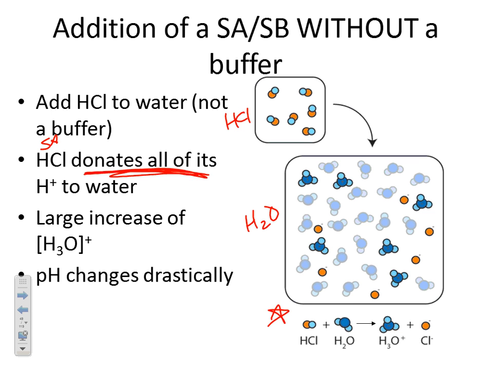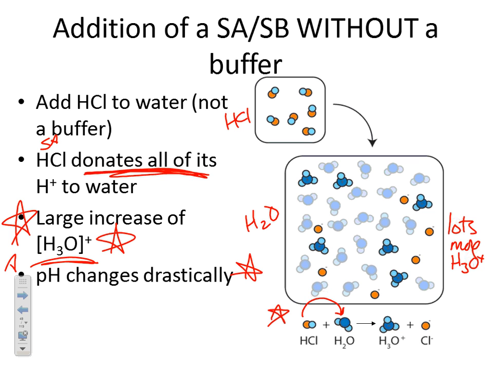So the H plus is getting donated to the water 100%, and we generate a huge amount of hydronium ions, right? We have lots more H3O plus. That's bad. We're going to have a very, very big change in pH because of that, right? We get a huge shift.